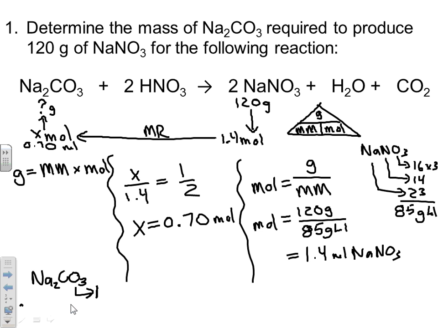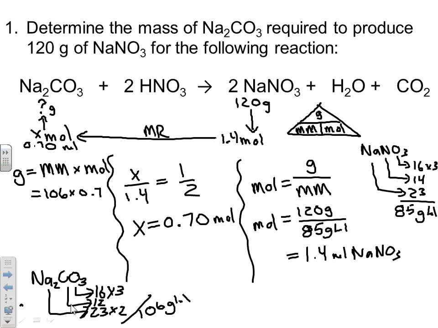Na2CO3, 16 times 3, 12, 23 times 2. And again, I'm tight for space. What do you got? 106? 106 grams per mole. 106 times 0.7.